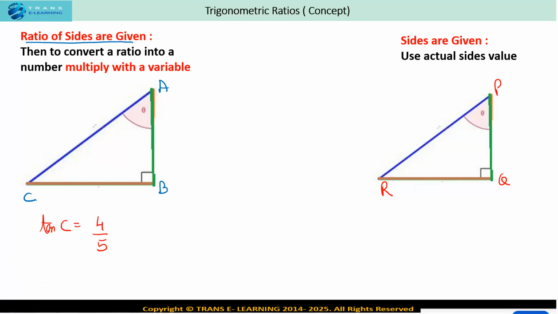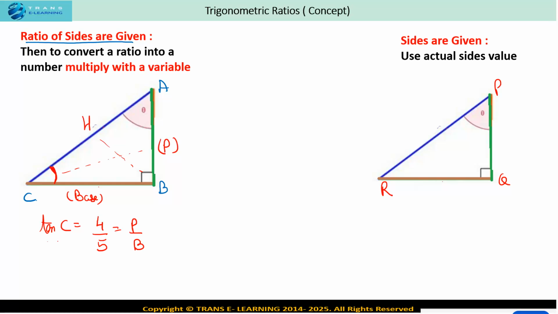This is just a hypothetical example. So we are talking about this angle, and tan is given. Tan is perpendicular upon base, right? In this case, this is your base, and the side opposite to this will be the perpendicular, and the side opposite to 90-degree is the hypotenuse, right?